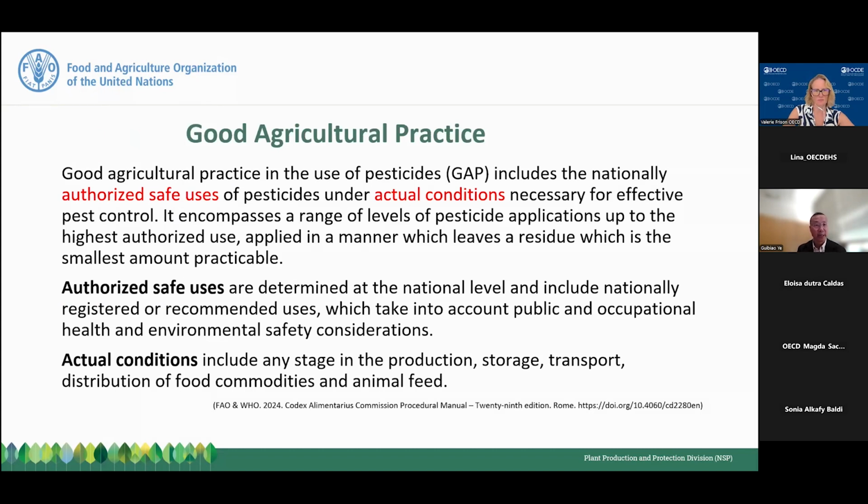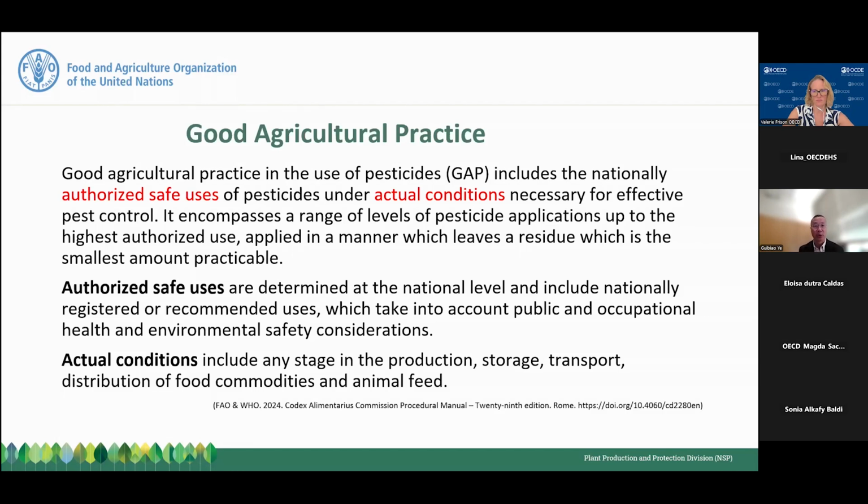So as you may know, it encompasses a range of levels of pesticide applications up to the highest authorized use rate and applied in a manner which gives a residue which is the smallest amount practicable. That means we should use according to authorized uses. So for the authorized safe use, which is determined at the national level, for JMPR we do not determine the authorized use.